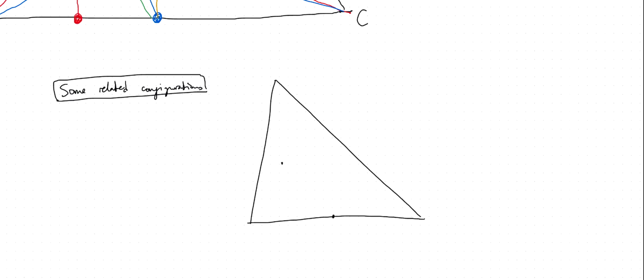H being the orthocenter, G, so these being altitudes. O is here, and G is here, okay, with this ratio.